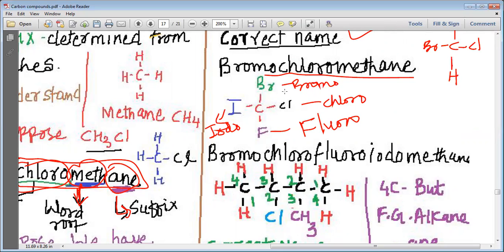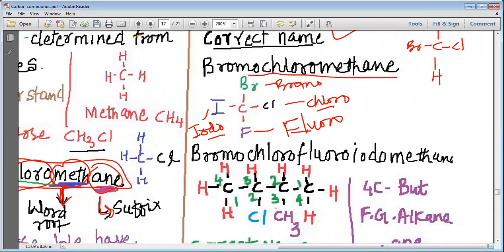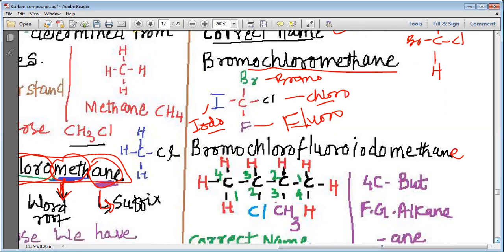So if we try to arrange them in alphabetical order, first comes bromo, then chloro, then fluoro, and then iodo. So we will write bromo, chloro, fluoro, iodo, methane. It is bromochlorofluoroiodomethane. This is how we write it.